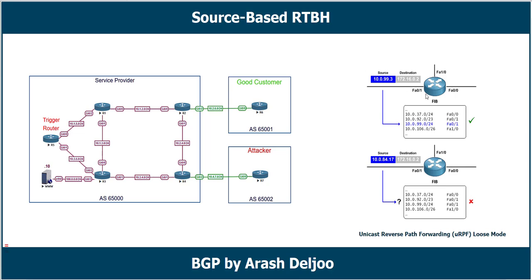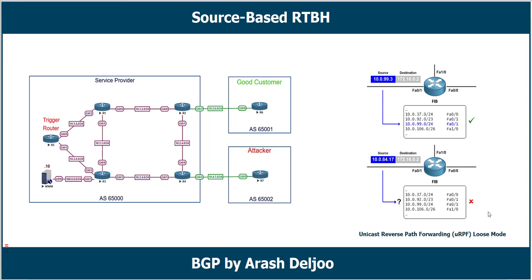For example, here in the top scenario, we have a packet with the source IP of 10.0.99.3, and inside the routing table we have this entry. Because of that, this packet will be accepted and forwarded according to the destination IP. But in the bottom scenario, the source IP is 10.0.84.17, and this IP address is not available in the routing table.